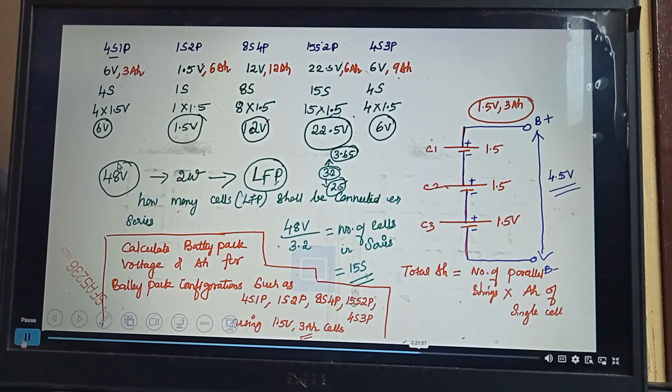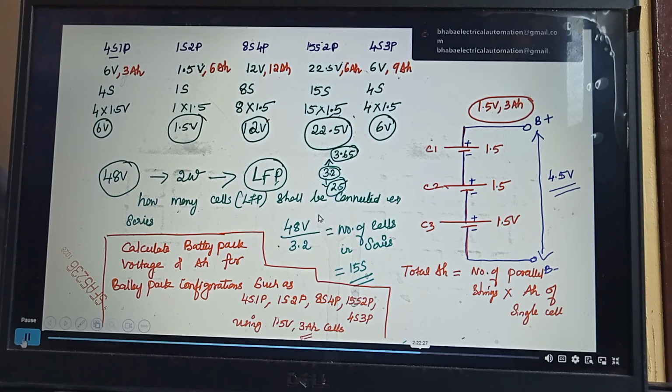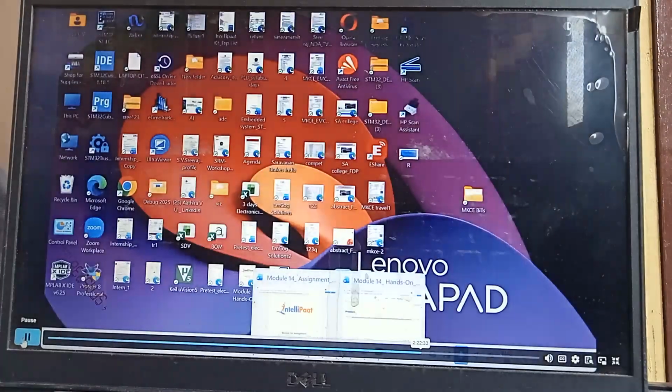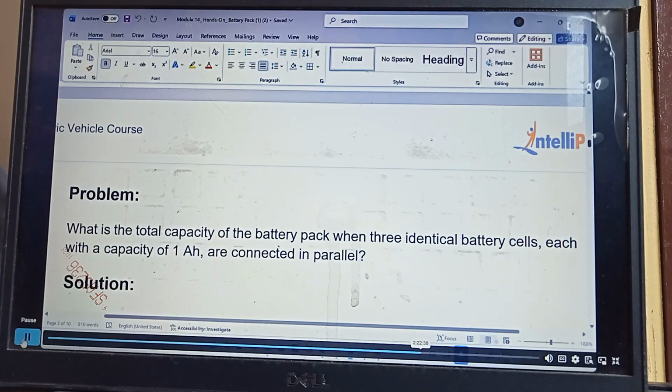Anyone any doubt up to this? Finding the battery pack voltage and battery pack Ah. Any questions? Okay, I hope it is clear. So let me go back to the questions. Please solve this.